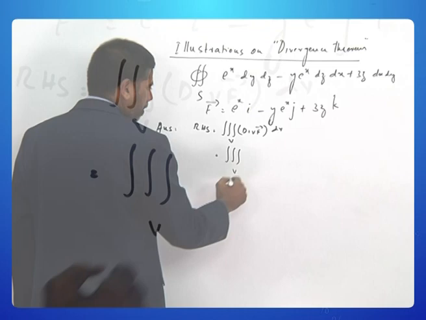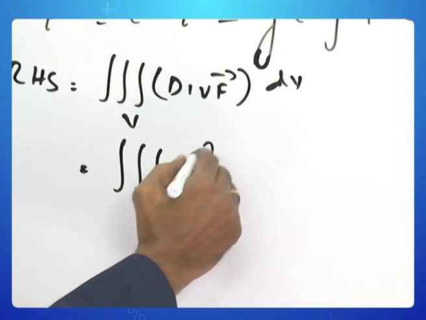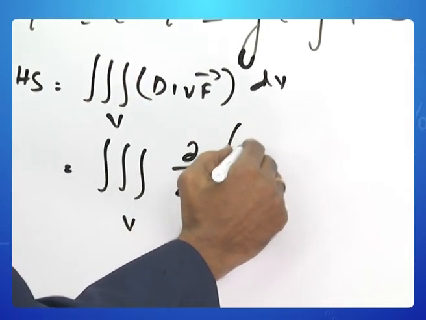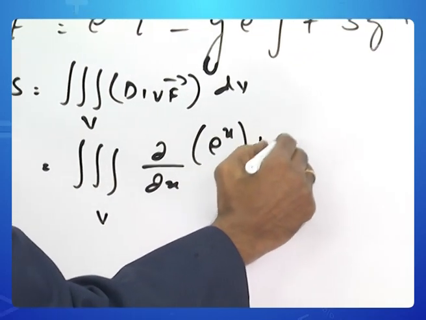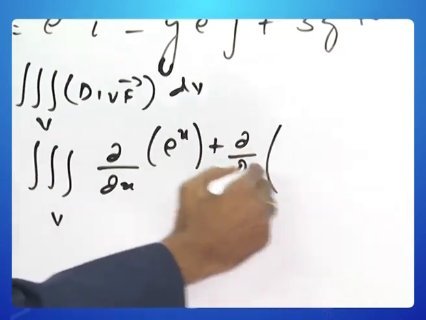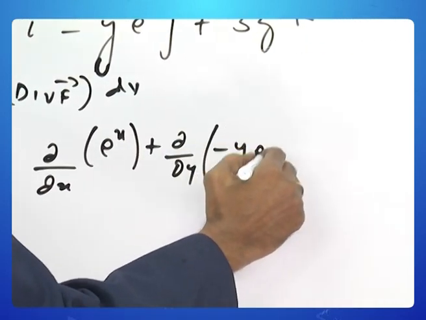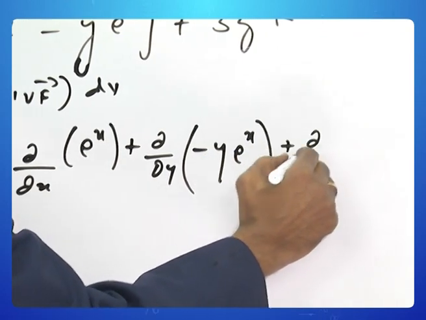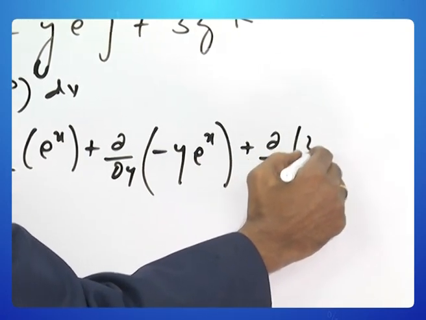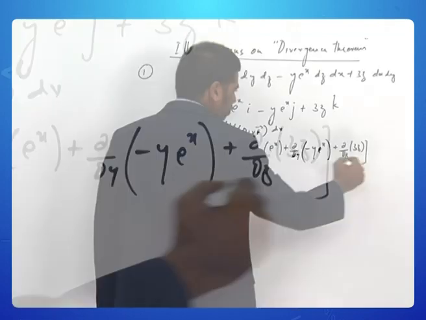Divergence of F would be dou by dou x of the first component plus dou by dou y of the second component plus dou by dou z of the third component.